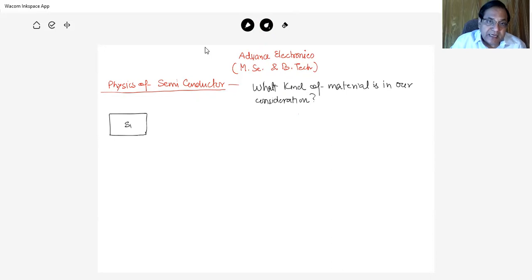This is Si, one way, and it is connected in a four valenced material.